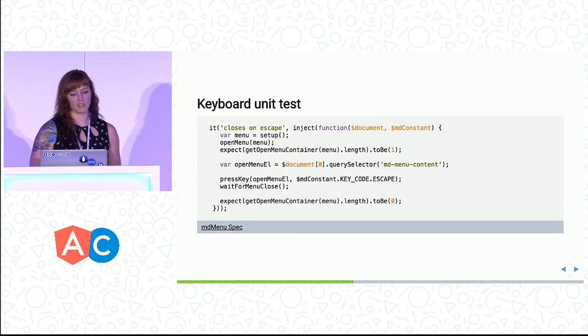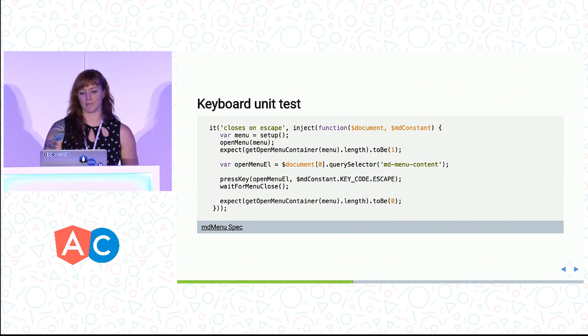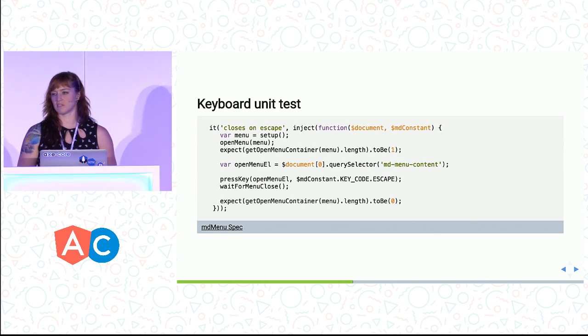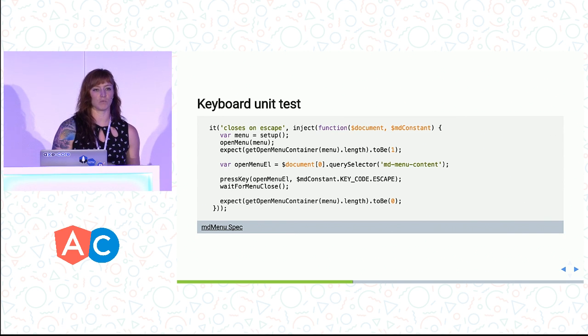So an example of a keyboard unit test in Angular 1 is something like a modal window or a menu that would close with the escape key, so that if the user hit escape, it would close it and then send focus back to where it was supposed to be. This example is from the Angular Material 1 project.